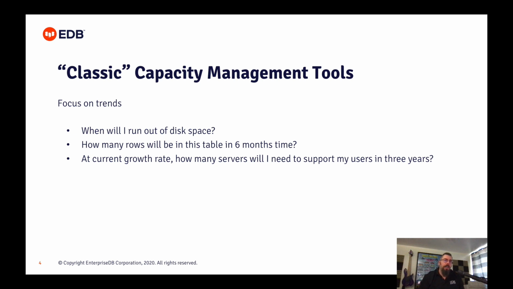So whilst the middle one, how many rows will be in this table in 6 months' time, might fluctuate depending on what your application's actually doing, typically you're usually using more disk space every day. Hopefully your business is successful, so your number of users every day is going to grow, so you need to provide additional capacity to support those.